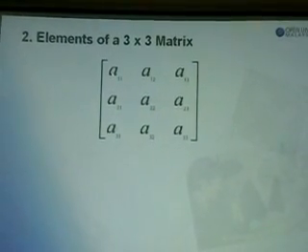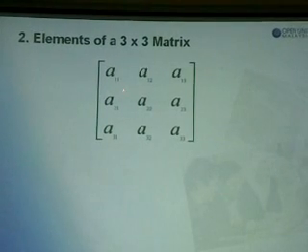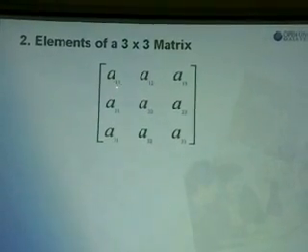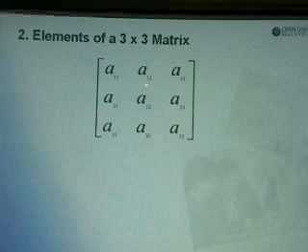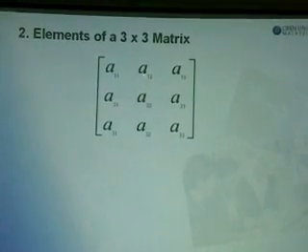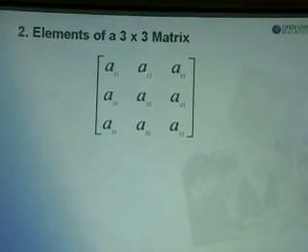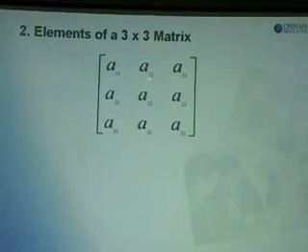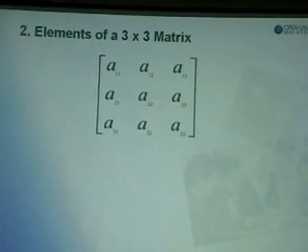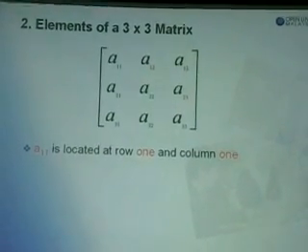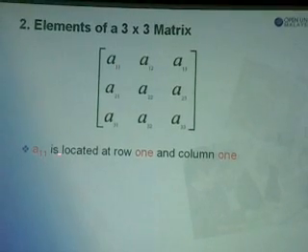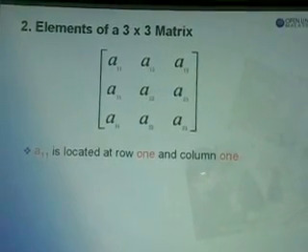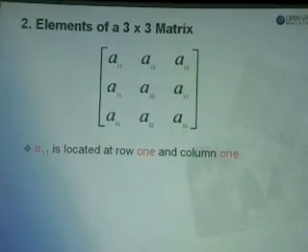They are identified as A11, meaning first row and first column. The second element A12 identifies the element at first row and second column, and so on. So A11 is located at row 1 and column 1.